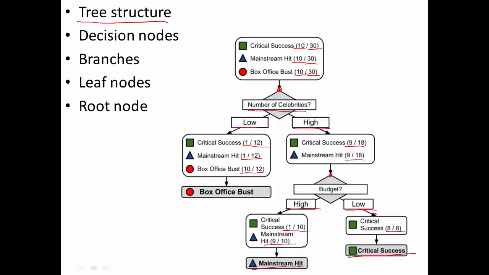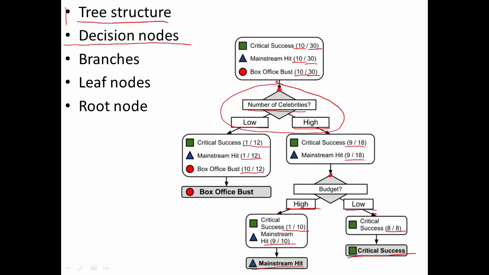So once again, what we saw here was a decision tree. We had decision nodes, which are when you have to make a decision based on the data. So the number of celebrities, you have to see whether it is high or low.